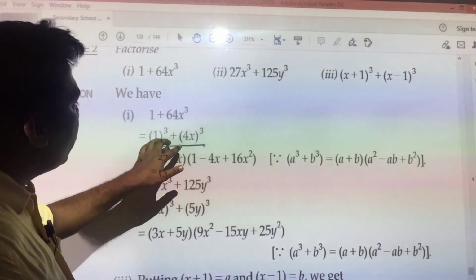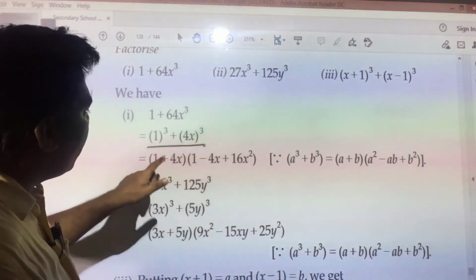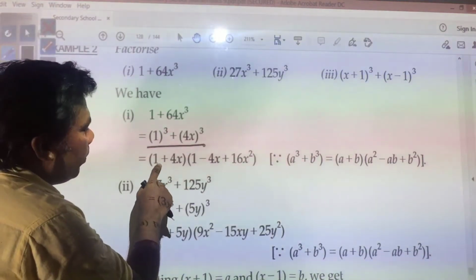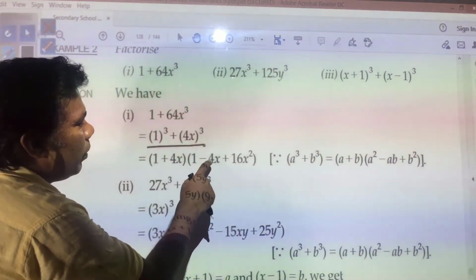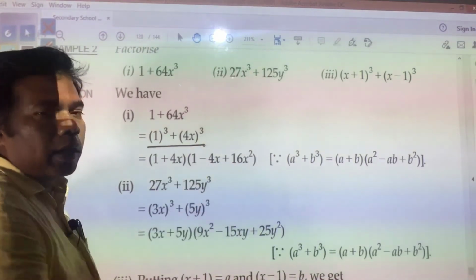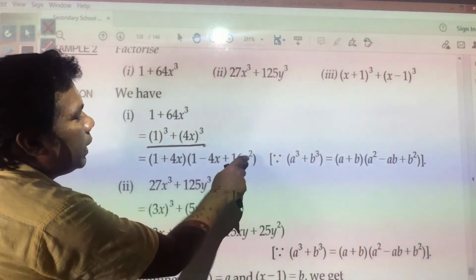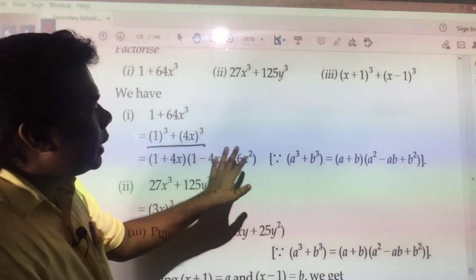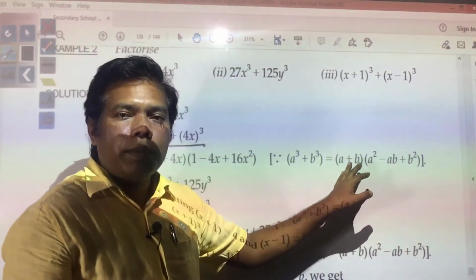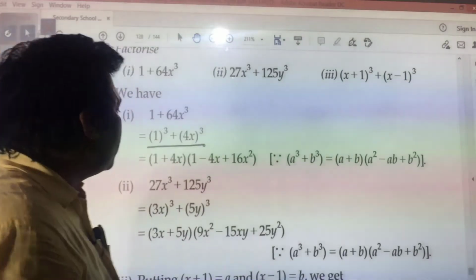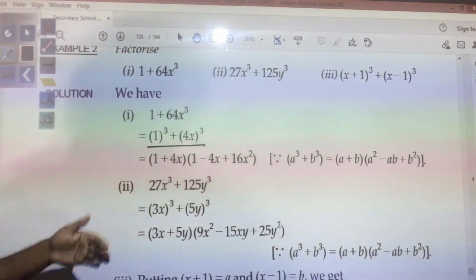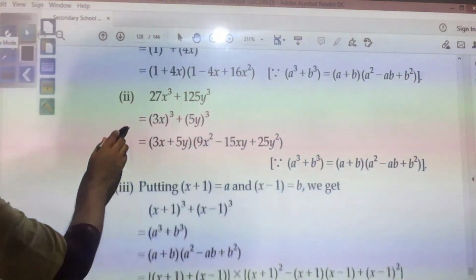In that way you need to put it in the formula. So, this will be a plus b into a square minus ab plus b square. It means 1 plus 4x into 1 minus 4x plus 16x square, since a cube plus b cube is equal to a plus b into a square minus ab plus b square. The same thing is required to be done over here also.